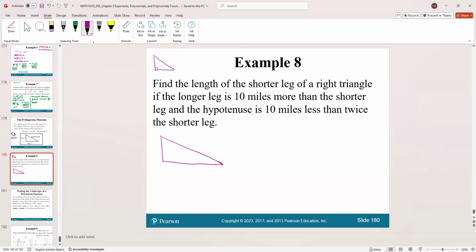Okay, let's suppose this is a right triangle. We're going to go step by step. The first step, they said, find the length of the shorter leg of a right triangle. Now, what is the longer side? We said shorter leg.